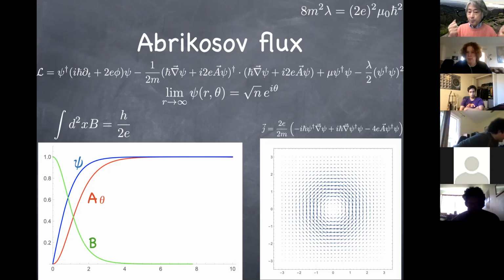And whether you have a type 1 superconductor or a type 2 superconductor is basically a competition between this repulsive force, lambda, and the electromagnetism.